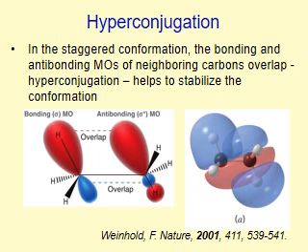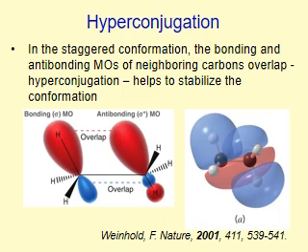In addition to the sterics making the eclipsed conformation higher in energy, one of the other things is a phenomenon called hyperconjugation that also accounts for the lowering in energy of the staggered conformation.